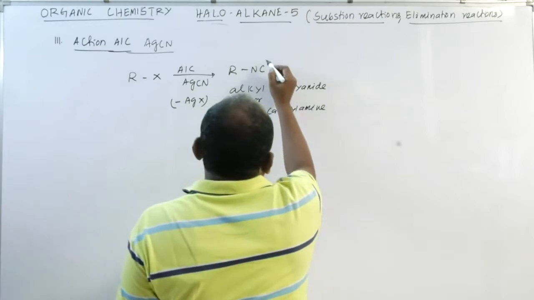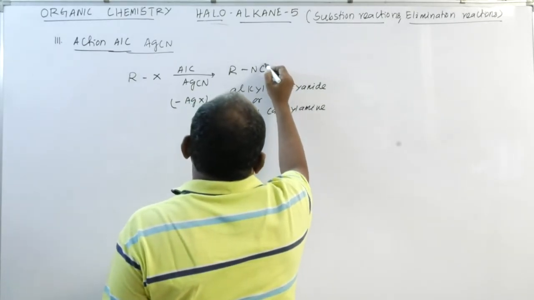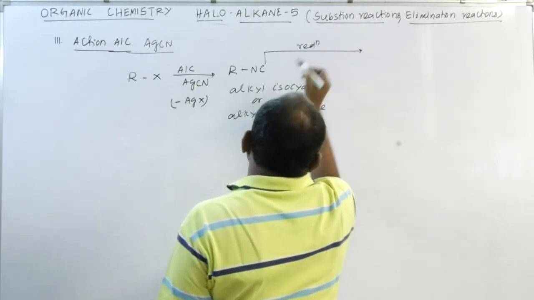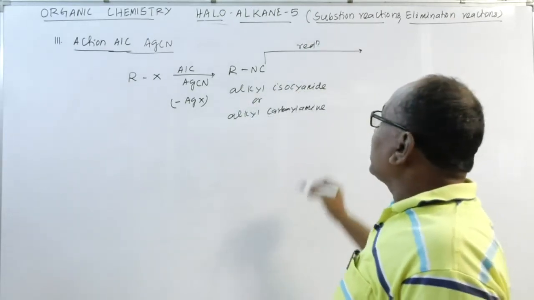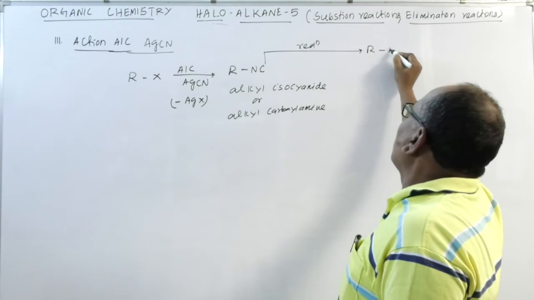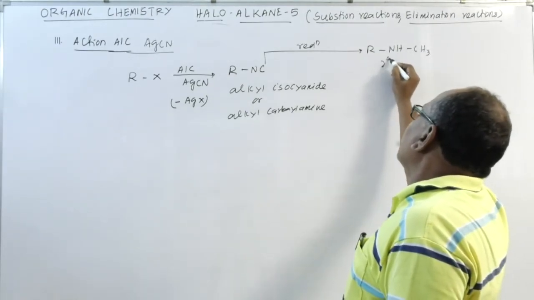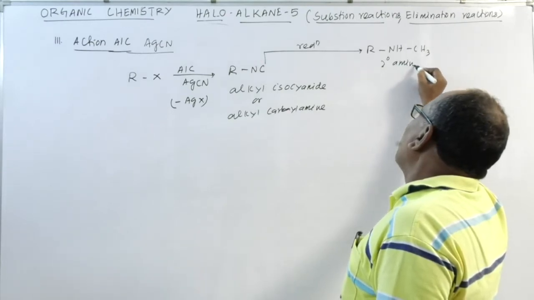Now this alkyl carbylamine, on reduction, gives you RNHCH3. This is your secondary amine.